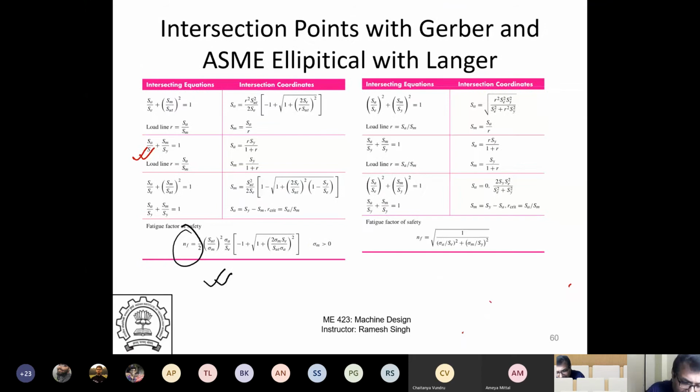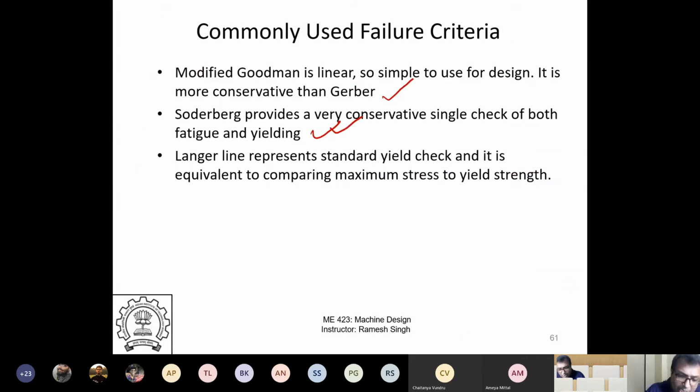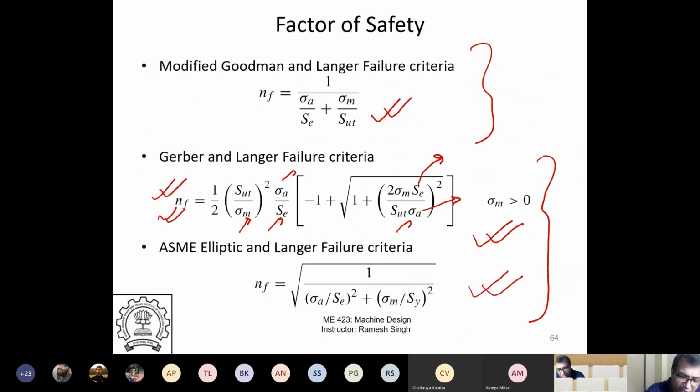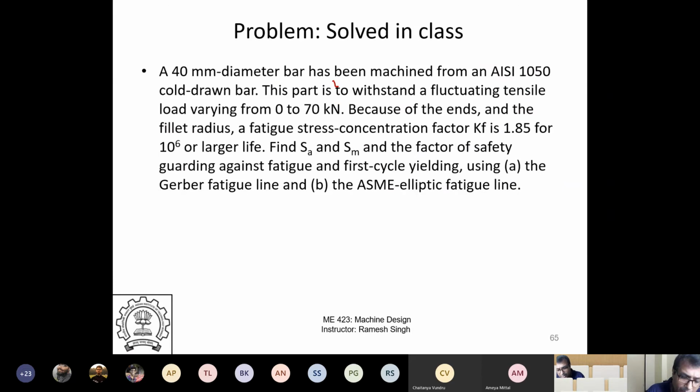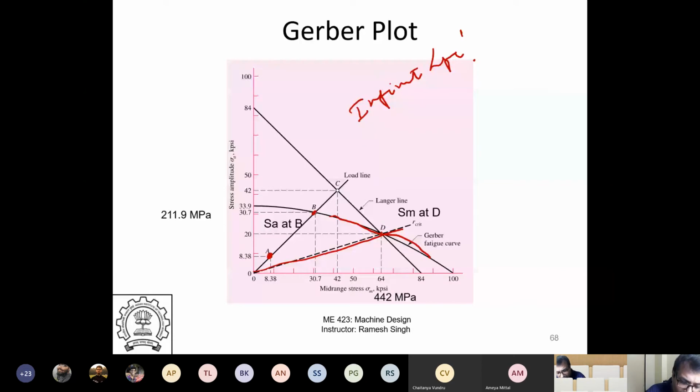The equation for that, if you want to find out, is this, the critical. This is the equation. Sm is equal to S square ut Sc. I solve this and then I'll find out what will be Sm. Corresponding to this Sm, if you solve it, you will get 442 MPa.